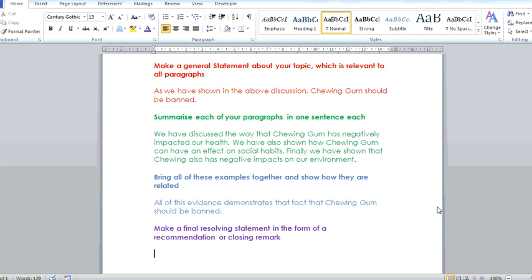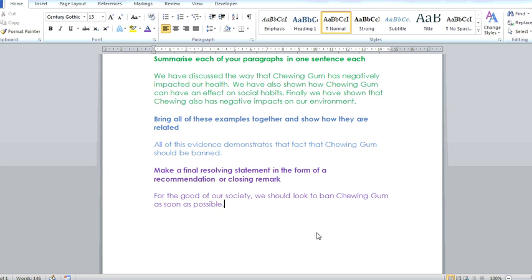Okay, so we might say something, for the good of our society, we should look to ban chewing gum as soon as possible. Okay, and again, it's just a recommendation. I could have alternatively said something like, if we want to see the quality of our health, environment and social habits improve, then we should ban chewing gum, or something like that.